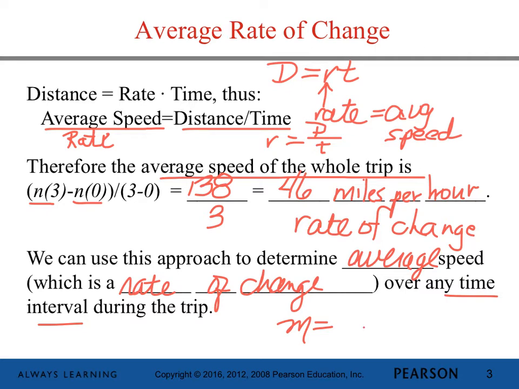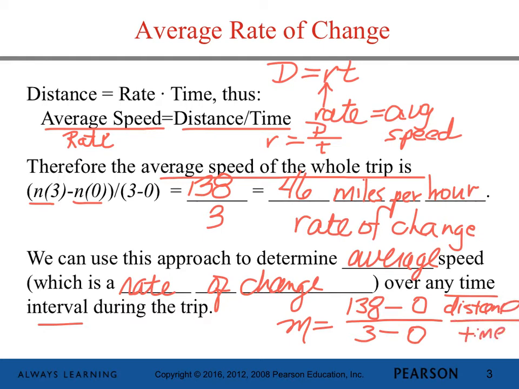At the 3-hour mark, we had gone 138 miles, whereas when we started the trip, we had gone 0 miles. So this is simply a slope formula. This is the distance change, and this is the time change.